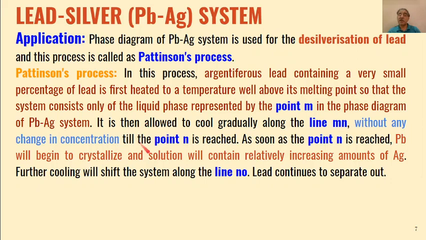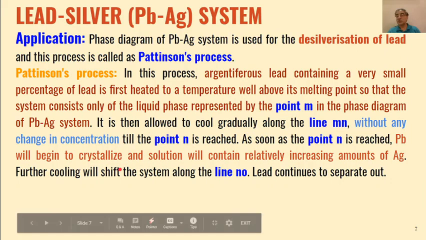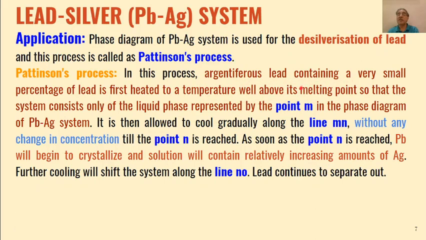And when point N is reached at constant concentration, the lead will begin to crystallize out from the solution. This will increase the amount of silver present in the solution. So this is how we can separate silver from a mixture of argentiferous lead.